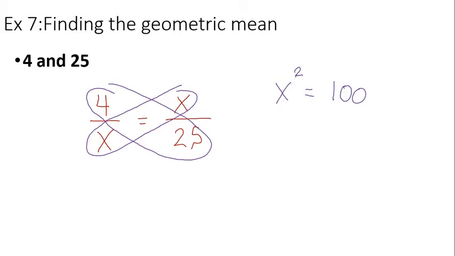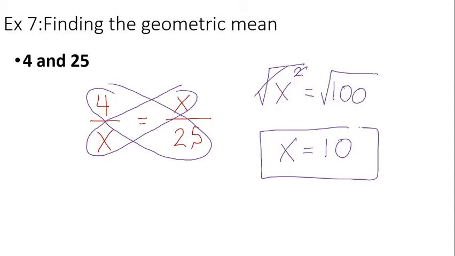Now to get rid of a square, I'm going to square root both sides. So that and that eliminates. So I'm going to get x equals square root of 100 is 10. So this value I get here, we say that's the geometric mean.